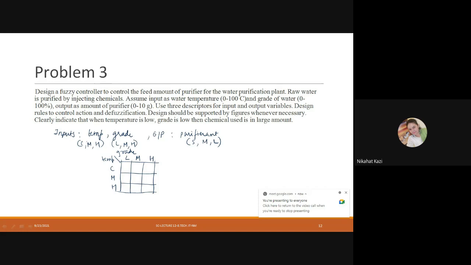Okay, now we have to decide the rules. So what is given in the question clearly indicates that when the temperature is low, the grade is low, then the chemical use is in large amount.